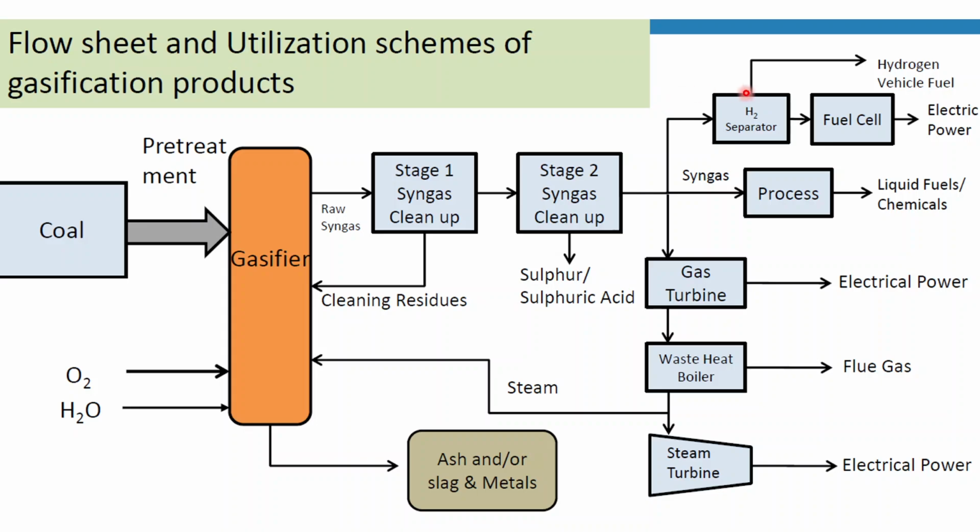So this scheme clearly tells us that the syngas can be used for various downstream applications, and after the heat recovery, this steam is sent back to the gasifier as it is one of the reactants for gasification. And from below we get the ash and slag material after the combustion.